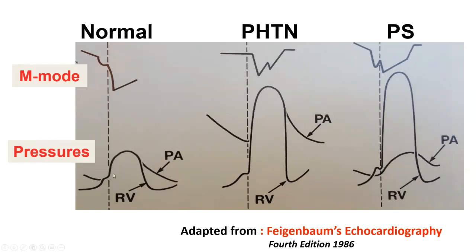You don't see this on the left side because the pressures are so widely separated. In pulmonary hypertension, you no longer see this deformation in the pulmonary valve envelope because of this separation between the RV and the PA pressure. One can see a notch in the pulmonary valve envelope, which we'll talk about in a second.